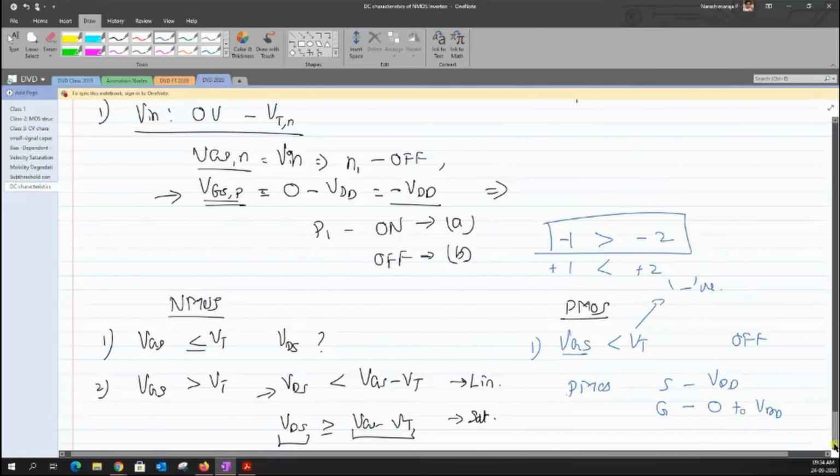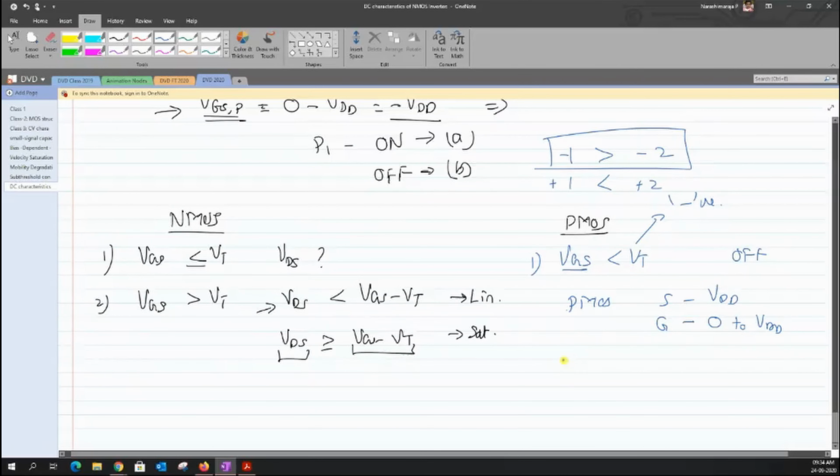So under normal situations, the value of this VGS can go negative. VGS is VG minus VS, where VS is always fixed to VDD. If I fix the value of VG to 0, then I end up having a negative value of VGS.